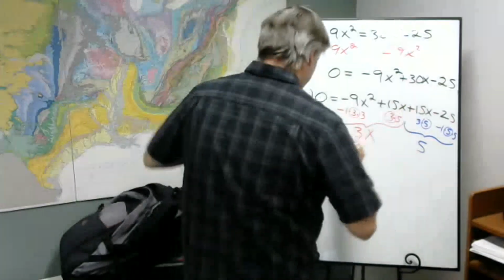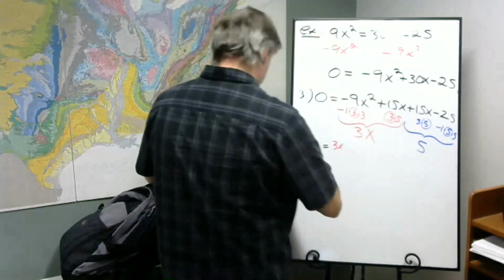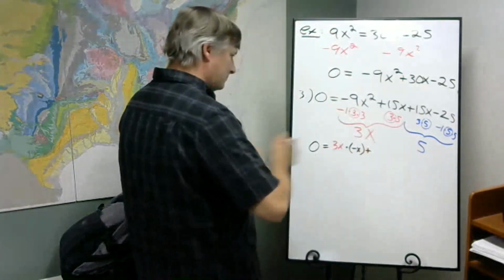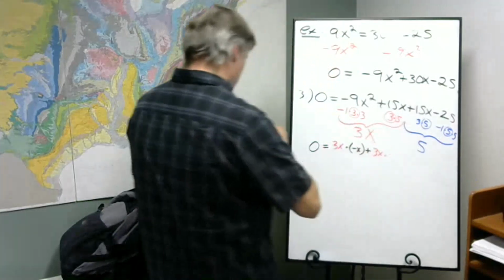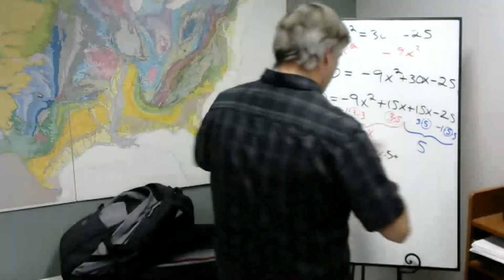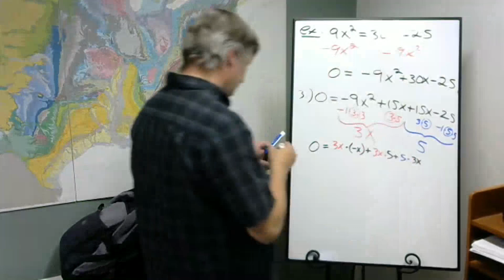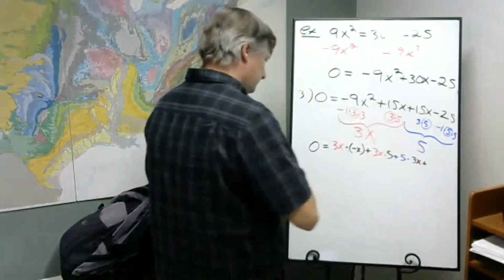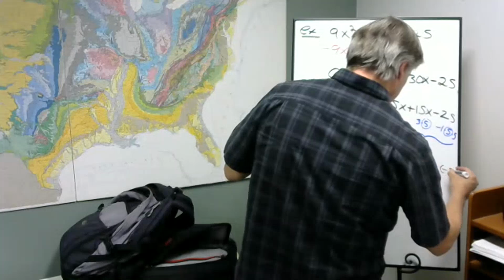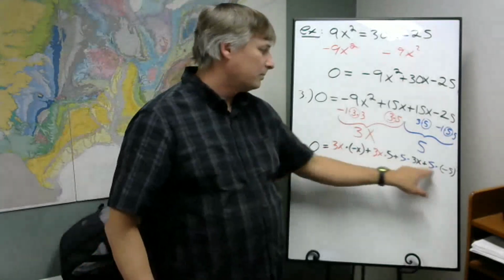Now, if we do that, move back to blue. So we can pull out the 3x, we can pull out the 5s.